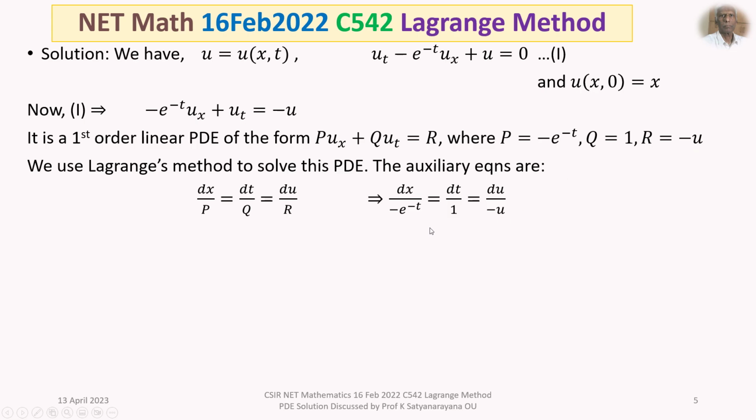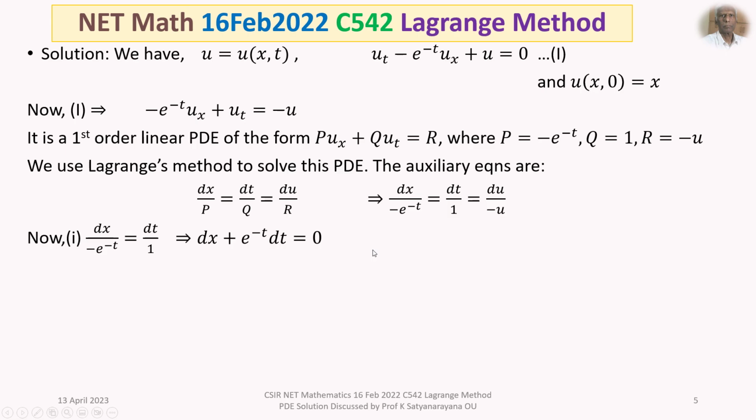Now, to solve this, we will first consider the first two ratios and integrate. So the first solution: dx by minus e power minus t is equal to dt by 1. It will imply dx plus e power minus t dt is equal to 0.